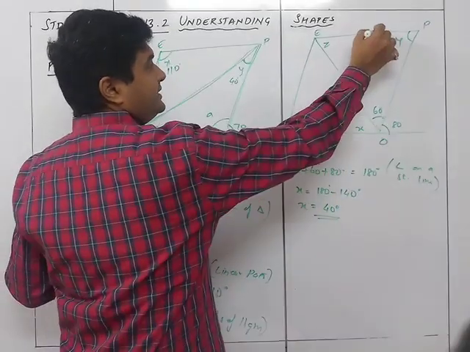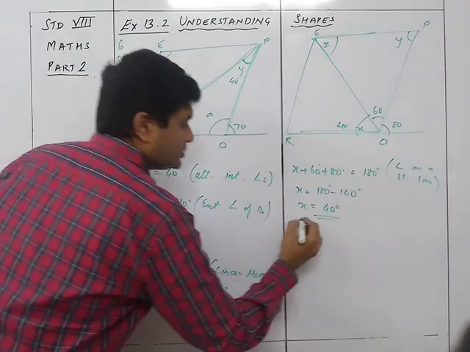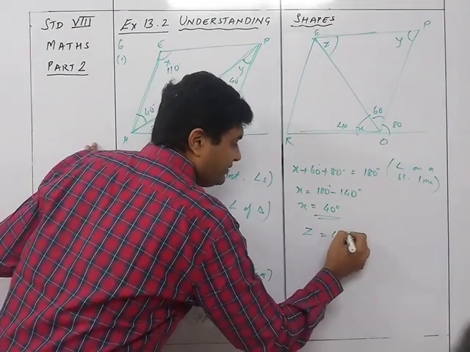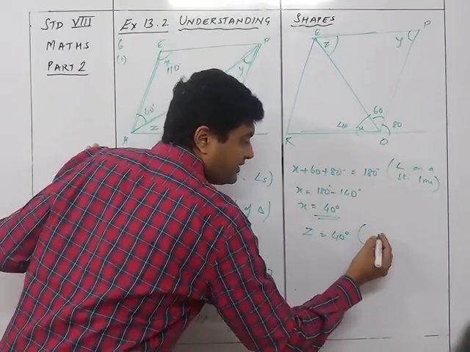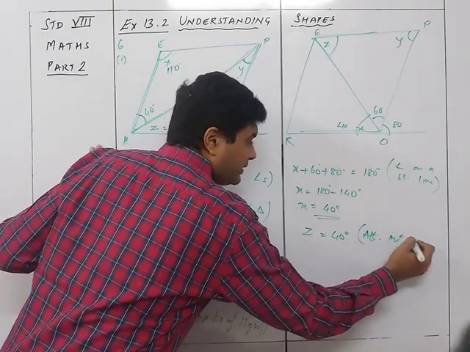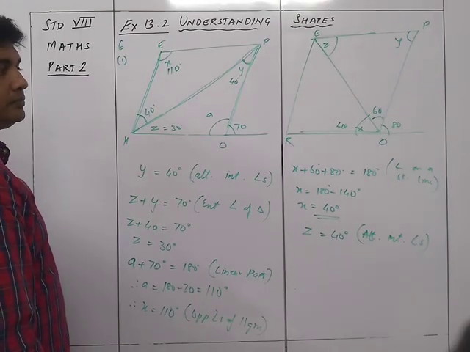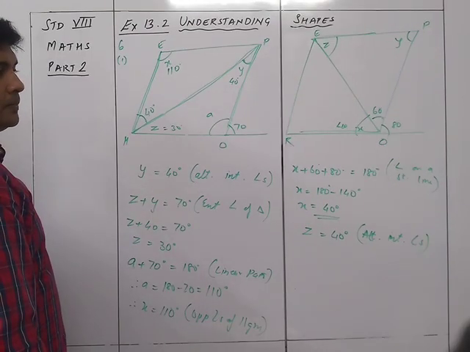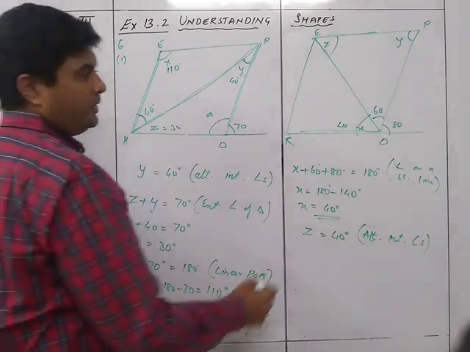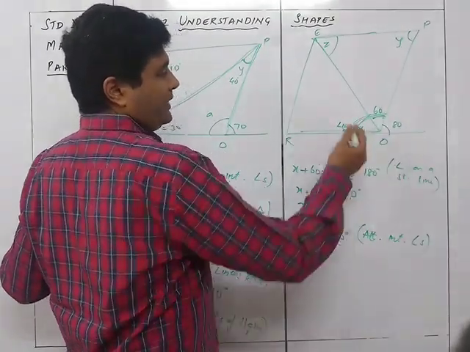You can see this is the Z formation. So if this is 40, this will be 40. So Z is equal to 40 degrees. What is the reason? Alternate interior angles. Now we know that this complete angle over here is, we'll take this one.